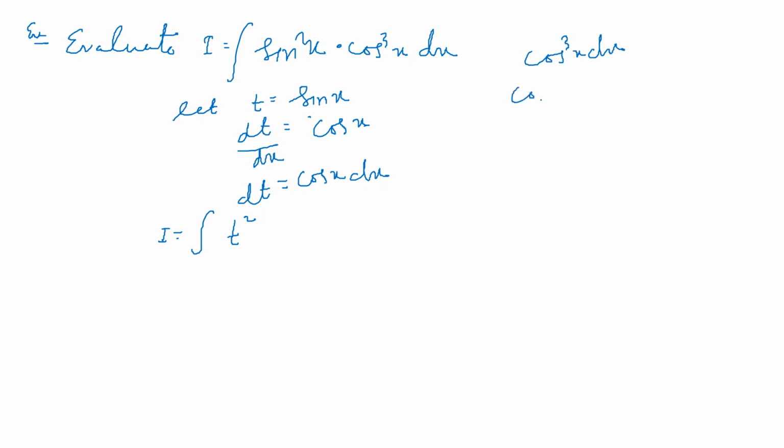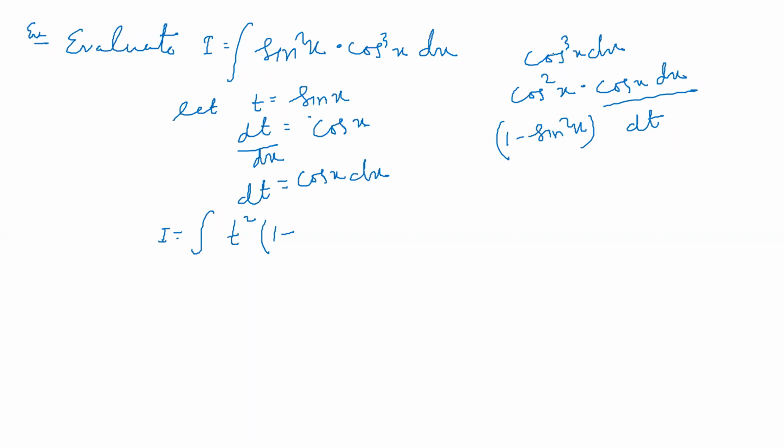I could write it as cos square x into cos x dx, and this cos x dx will be replaced by dt. And this cos square x can be written as 1 minus sin square x.